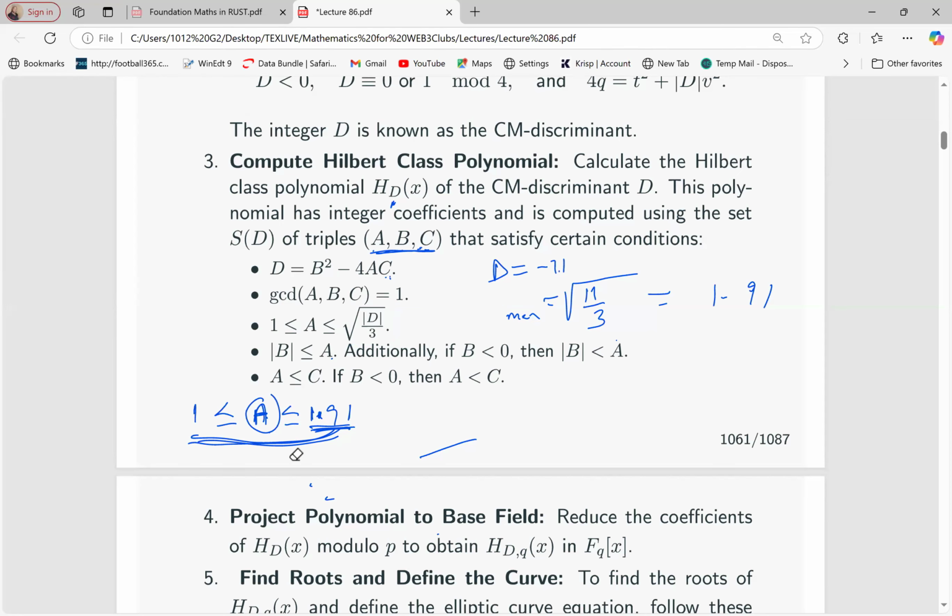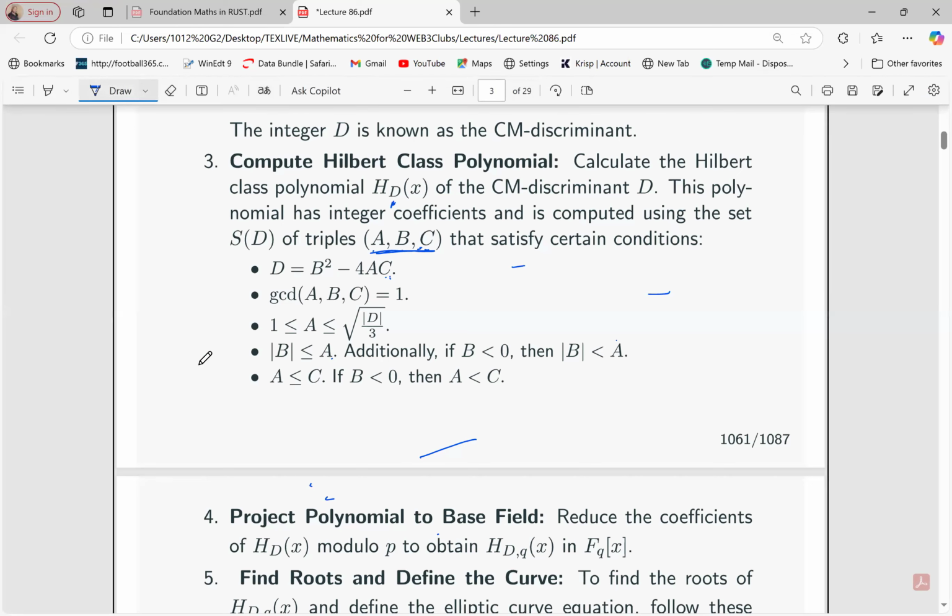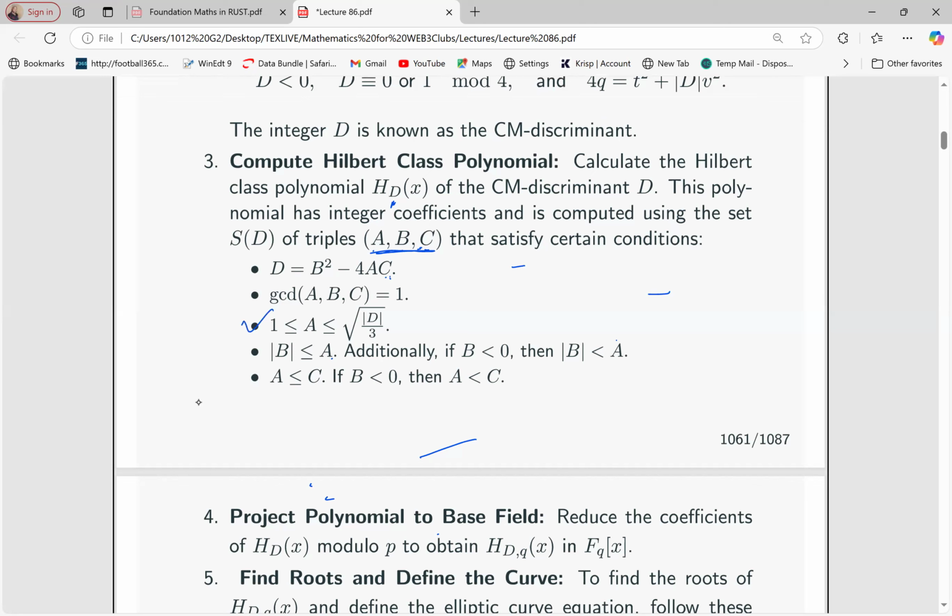We've settled on A being 1. Now obtain B. We've got the next condition. I said there's an order we would follow: we would do this, then come to this.